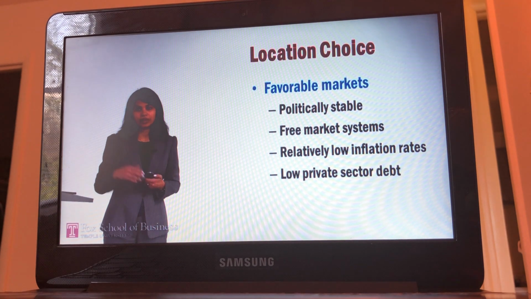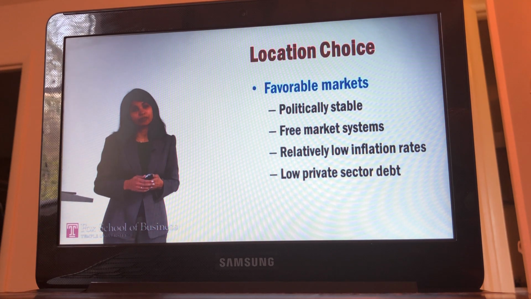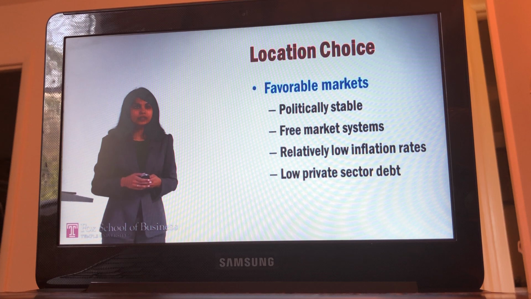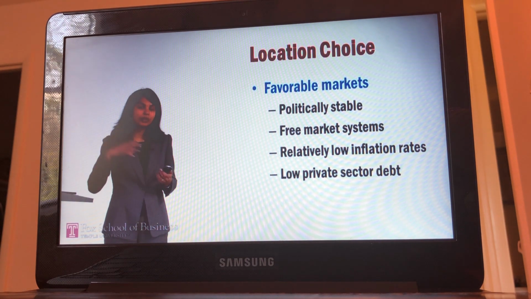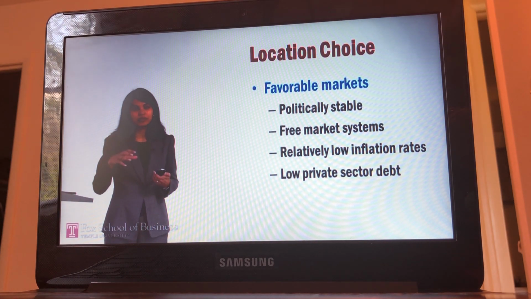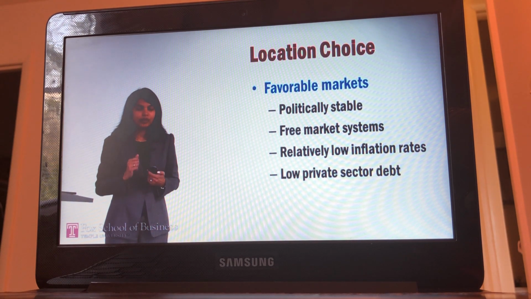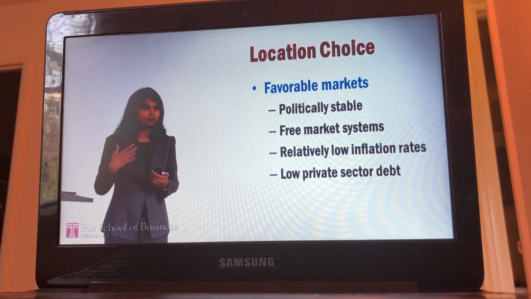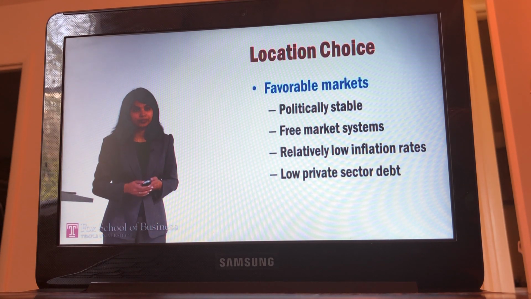For example, if that location has low-cost labor, it's a favorable market if I'm looking at reducing my cost of production. So these are some of the variables which come to mind when we compare markets in terms of which market would be better to enter. In addition, competition is also important. For example, if you have a product which is new to that market and there is demand for that product, then of course it is a very attractive market to enter.